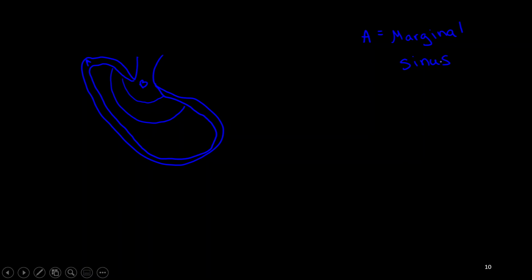Why would we call this the marginal sinus? What does it mean for something to be on the margins? They're on the edges, right? Sinus is just kind of like an empty area. So there's not a whole lot in the marginal sinus. This is going to be where lymph goes in.